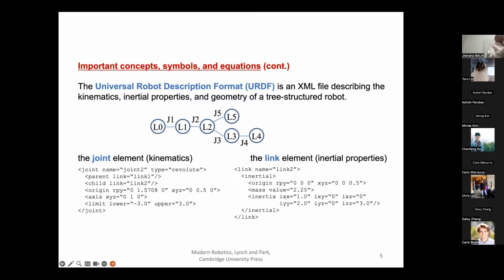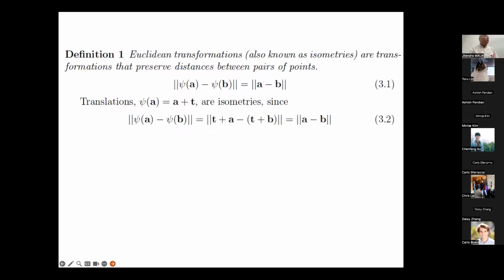So all the lengths, what are the angles, what are their masses, all of that. There's a certain way of specifying this as an XML file. And then we can work with that, so simulators know what to do. I'm not going to go into how the specification of a URDF works. It's boring, but it's all worked out.